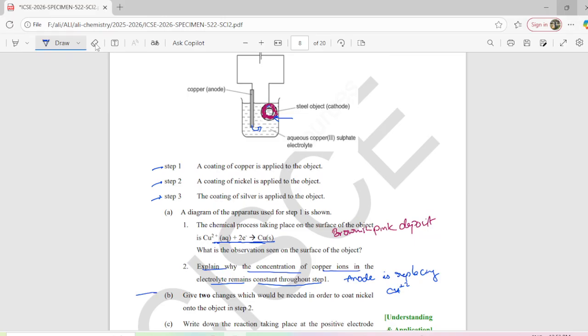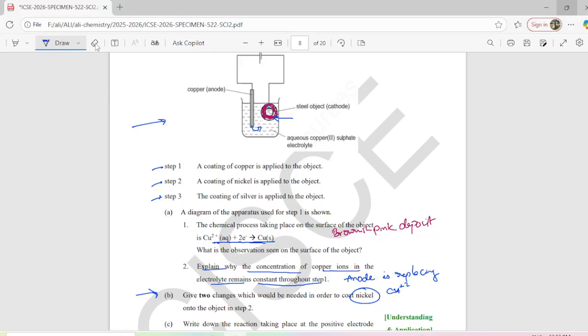Next, question B. Give 2 changes which would be needed in order to coat nickel onto the object in step 2. So step 1 is shown here, to electroplate with copper. Now we need to make any 2 changes so that we can electroplate the same object with nickel itself.